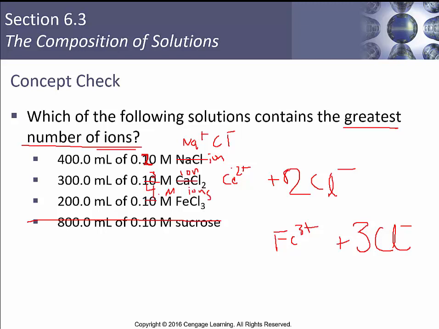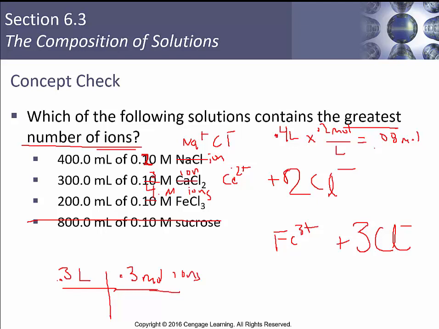Then we look at the volume and see which one is greatest. For the sodium chloride, it'd be 0.4 liters times 0.2 moles per liter, and that's going to give us 0.08 moles of ions. For the calcium chloride, we're going to have 0.3 liters multiplied by 0.3 moles of ions per liter, and that's going to be 0.09 moles of ions.